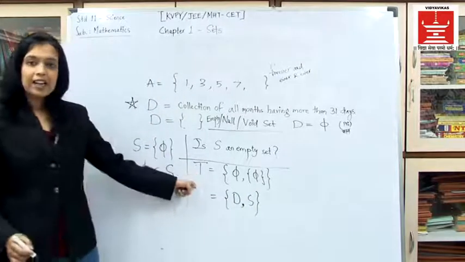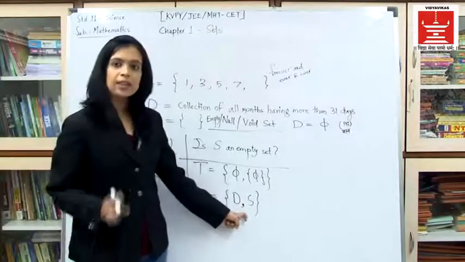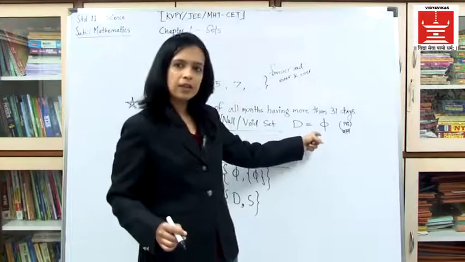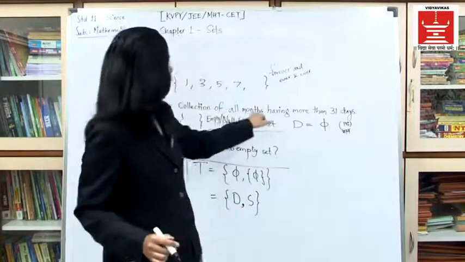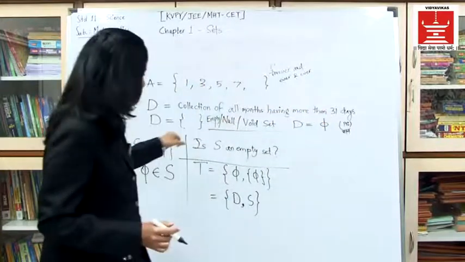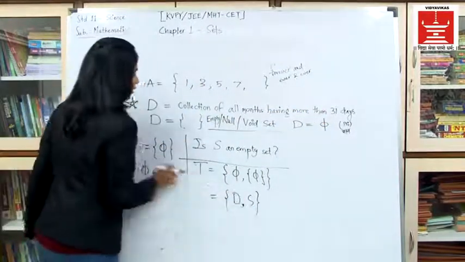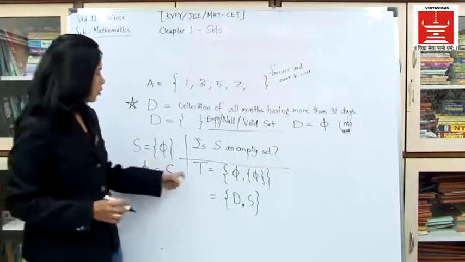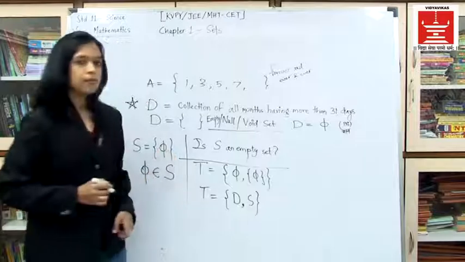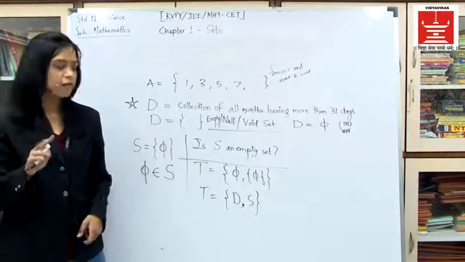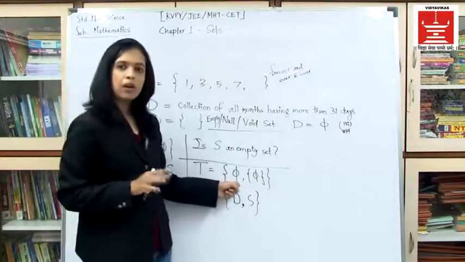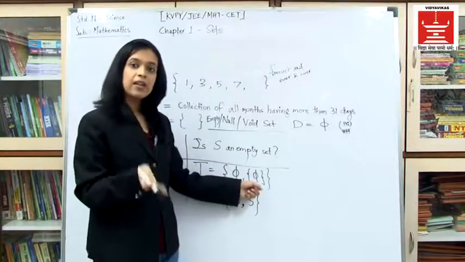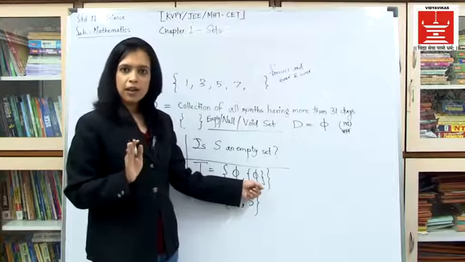So, T is nothing but a collection of two sets D and S, where D itself is an empty set because no element can match this description, and S is this set, a set containing an empty set. So, this T has two members, in fact, one member is the empty set itself, the second member is the set containing the empty set, right?